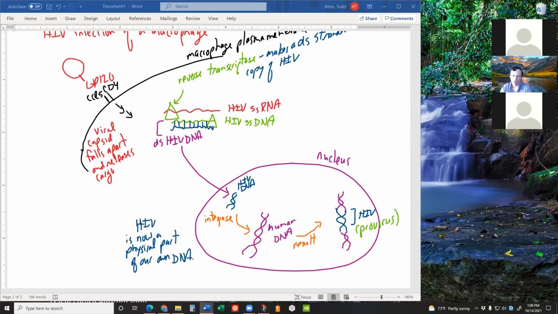So here's the deal. When HIV inserts into the human DNA, it becomes a provirus. When bacteriophage lambda inserts into the bacterial DNA, it becomes a prophage. Folks, there is a critical difference here.